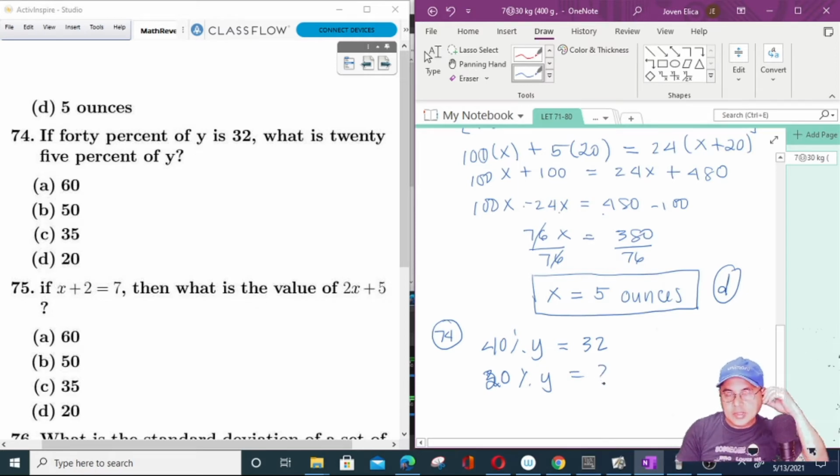It's unknown. So simple analysis: if 40% of y is 32, what is 20% of y?